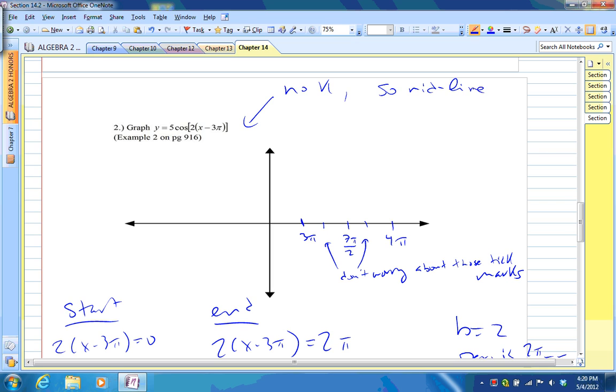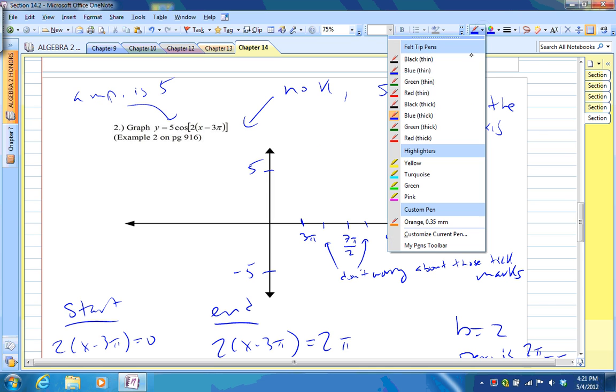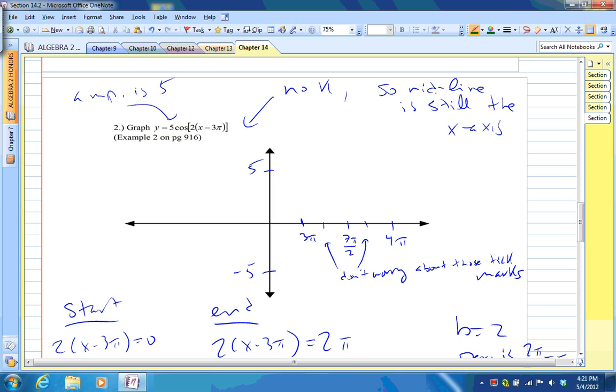So midline is still the x-axis. Amplitude is 5. So here's 5, and here's negative 5. And remember, cosine always starts at its peak.